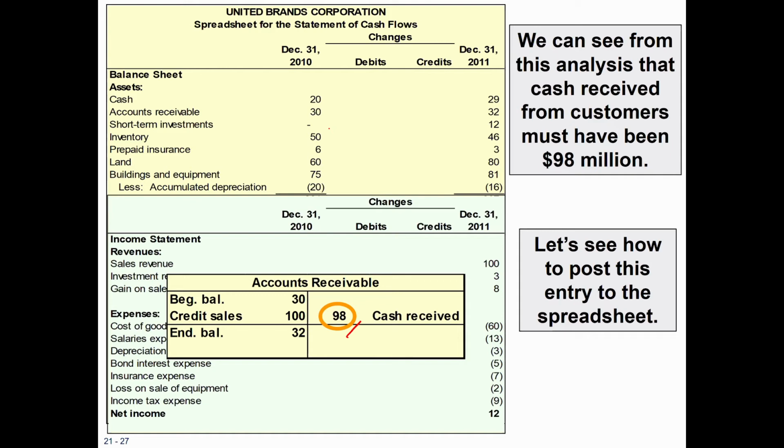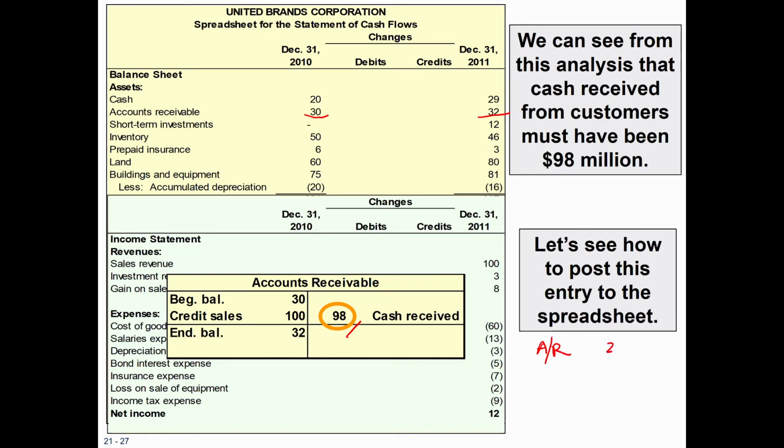In this situation, accounts receivable increased by $2 million. Accounts receivable is an asset, so an asset increase should be a debit. We debit accounts receivable for 2.